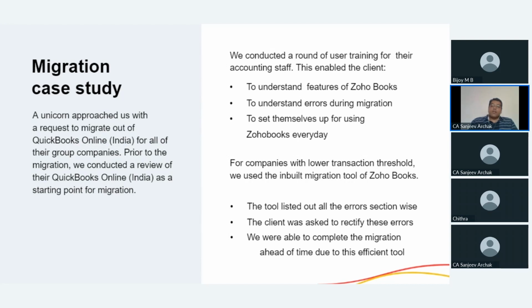Once the customer was in the loop and understood what we were doing, they were very comfortable with the timelines we were proposing and the tool we were using. Thanks to their support as well as Zoho support, we were able to complete the migration fairly ahead of time.